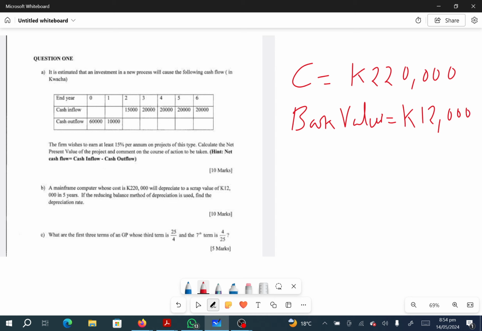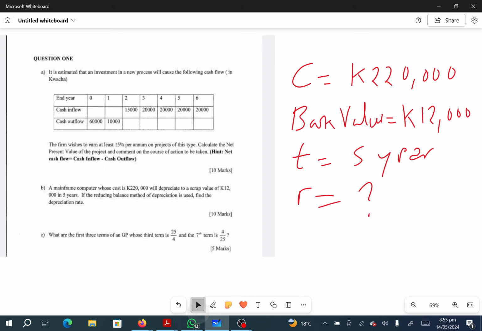Then we have been given the time in terms of years as 5 years. Then we are asked to calculate, if the reducing balance method of depreciation is used, the depreciation rate. So our R is what we are looking for.